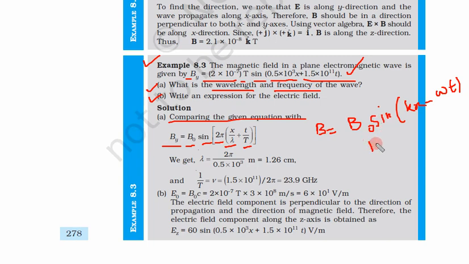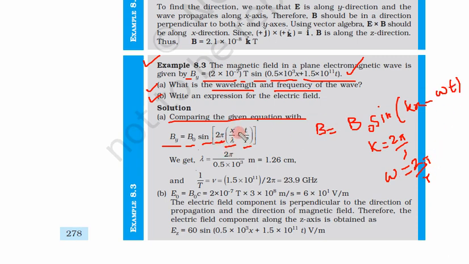We know k is nothing but 2 pi by lambda, so 2 pi comes out common, and this is x by lambda. Now omega is equal to 2 pi by T. Again 2 pi comes out common, and we get t by T.